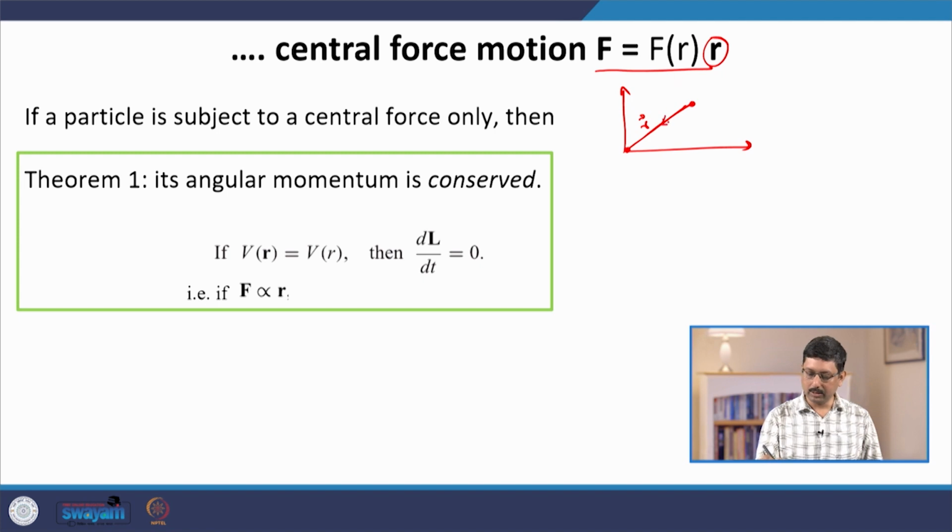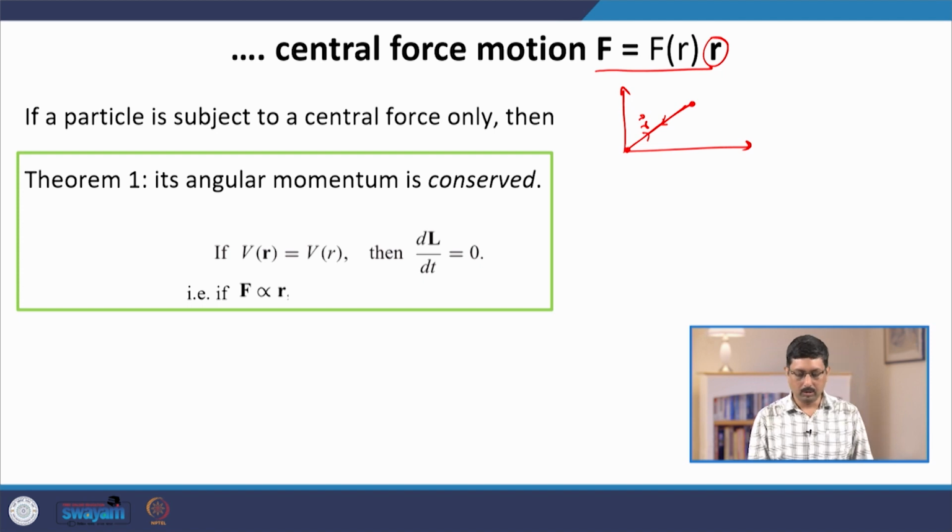Now, it can be towards the origin or away from the origin. So, F_r can be positive or negative, that is the magnitude of the force, but the direction is always along the position vector. If this is the case, then we can immediately see that a particle moving in such a condition will have a constant angular momentum.